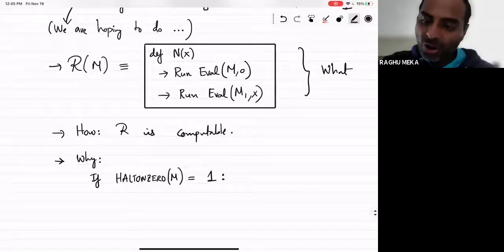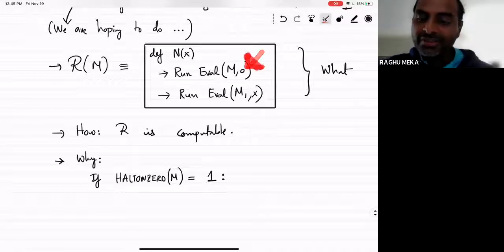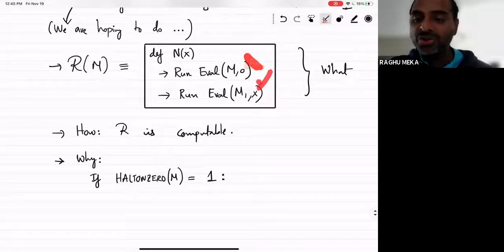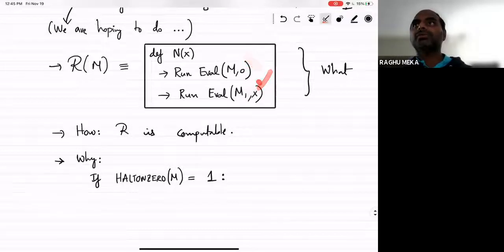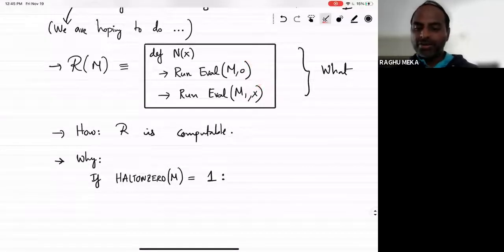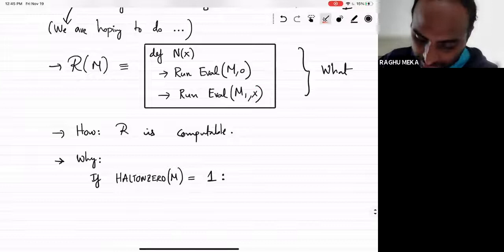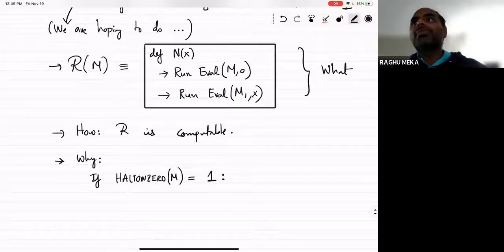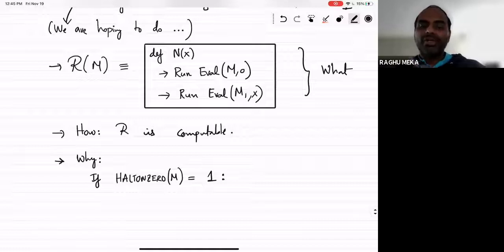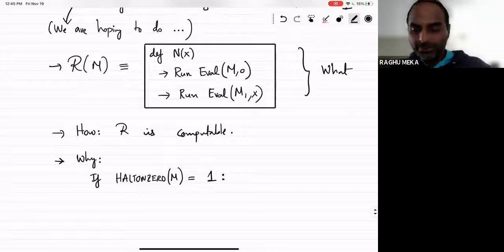So if M halted on 0, then you would terminate in this step and go to the second step, right? So what does this tell me about the program R of M? Its behavior is equivalent to M1.